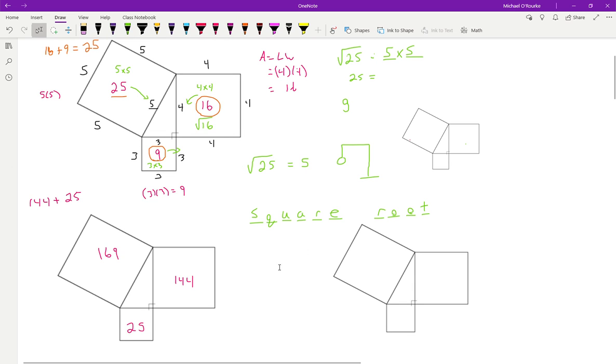Let's do this one. This one's 49, and this one is 576. What's this number going to be?